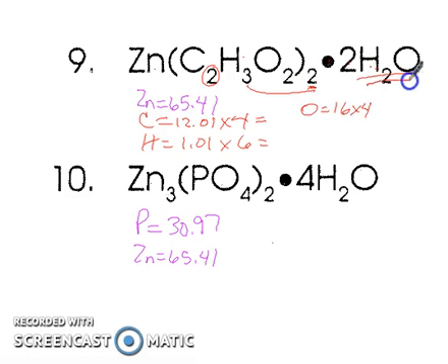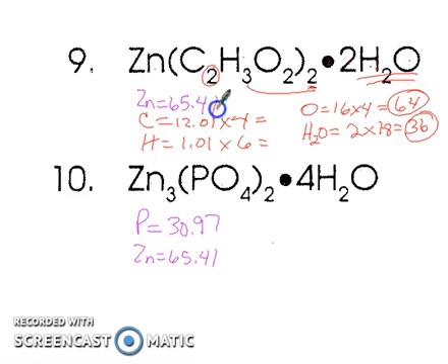And then water, we're going to do water all together. And water weighs 18 because oxygen is 16 plus the 2 from the hydrogen is 18. So we have 2 water molecules. We're going to keep water together. So that's 36. So we're going to add the 36 to the 64. And then we're going to add it to the zinc.